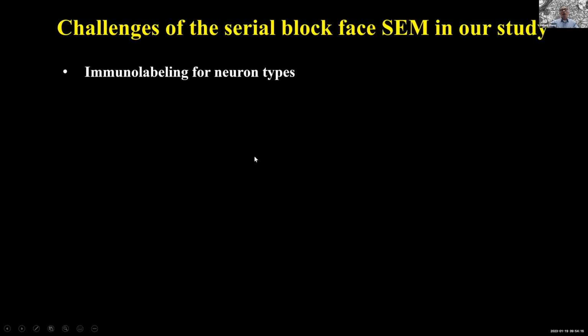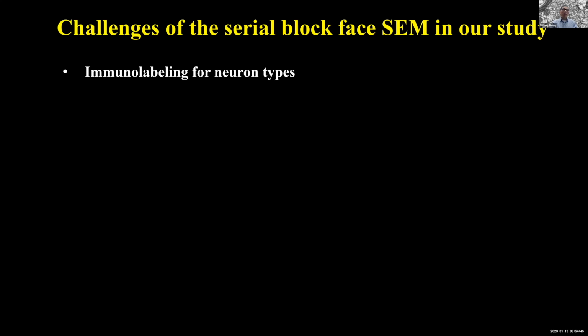So now I want to tell my experience about this cerebral phase SEM in our place, because we are doing neuroscience, not like other places. So we have to know the neuron type. Even for the neuronal network, we need to know different neurons.